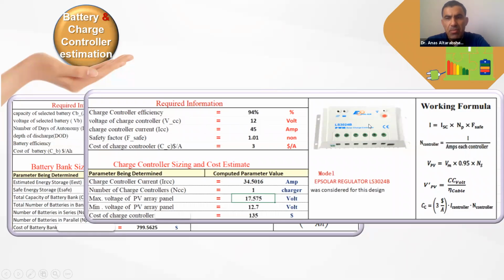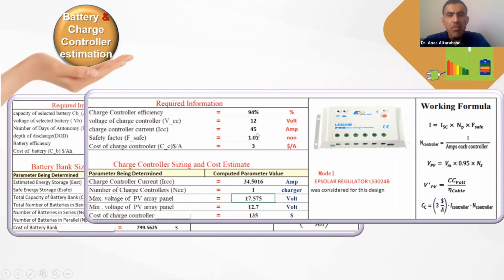This charge controller has a maximum current of 45, which means any current that fits this charge controller should be less than 45 ampere.